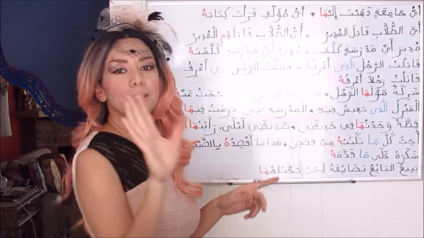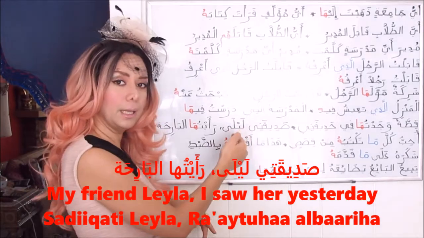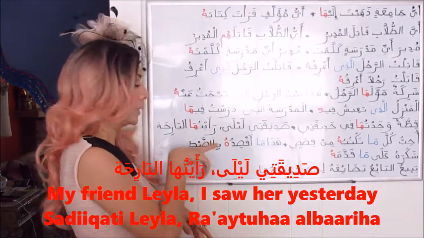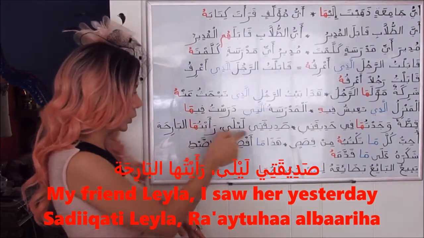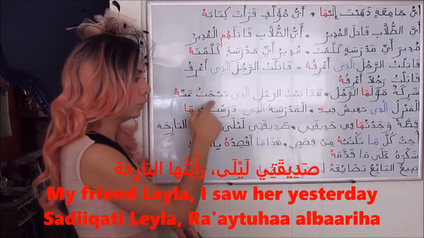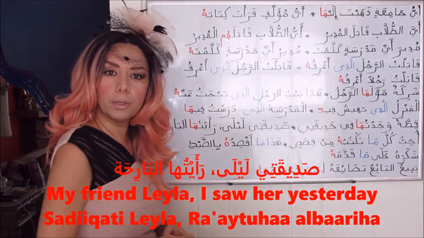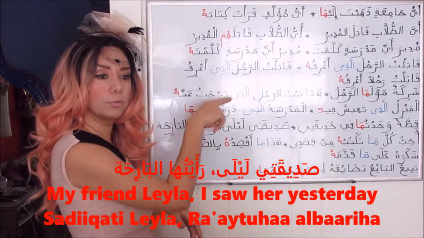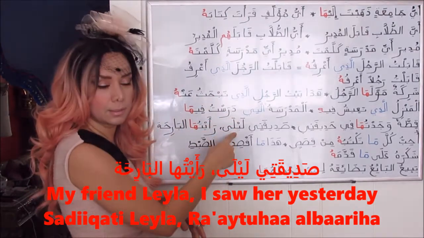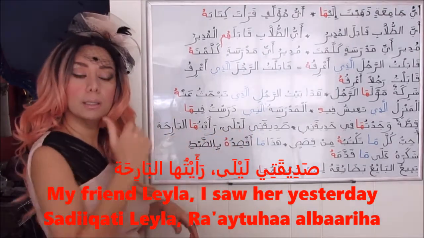So here with this sentence, صديقتي ليلى, my friend Layla, stop. رأيتها البارحة. I saw her yesterday. Ha, referring to Layla, since Layla is a proper noun, feminine singular, we will be using ha to refer to this antecedent. So my friend Layla, I saw her yesterday, البارحة.